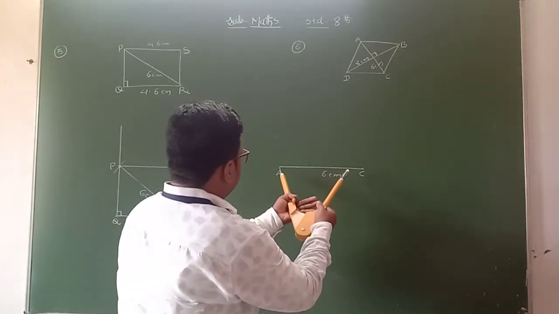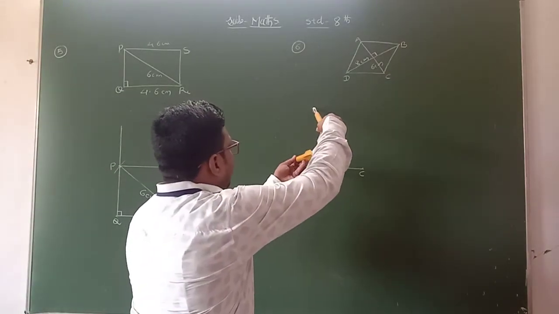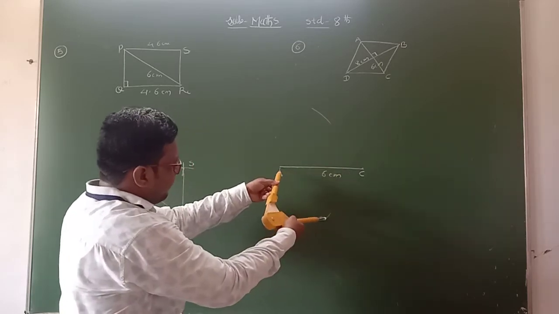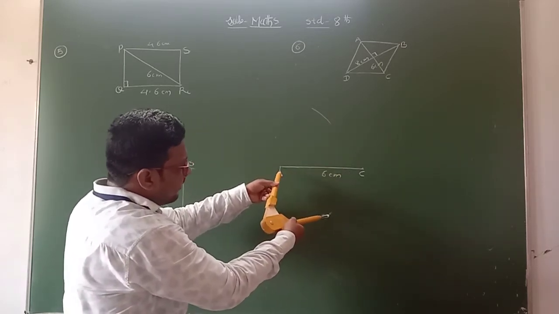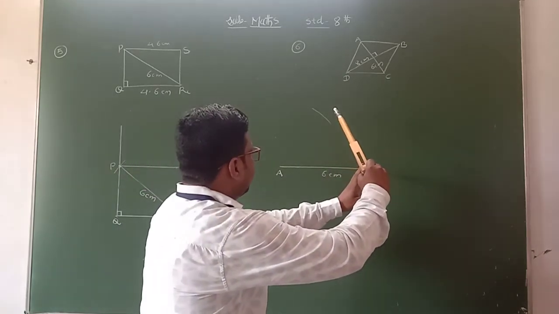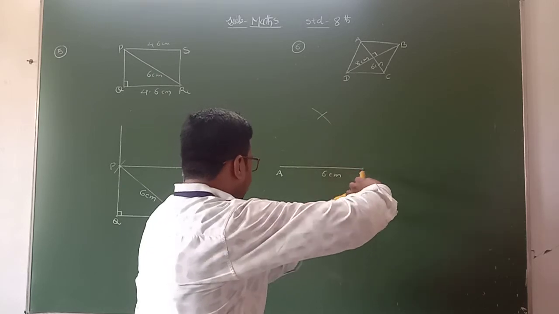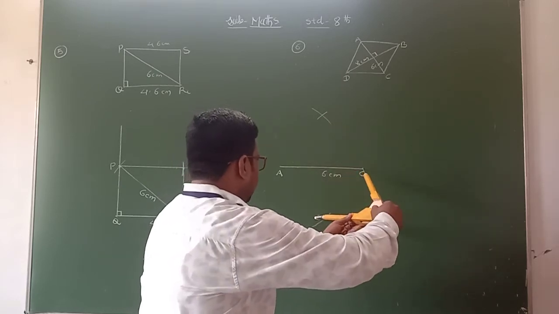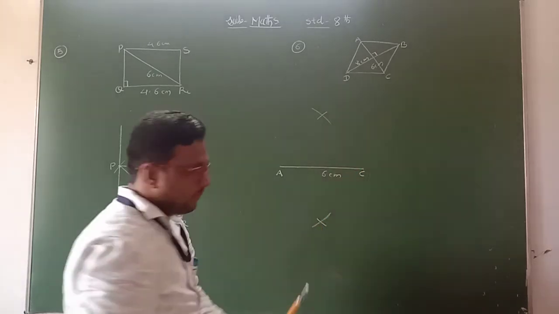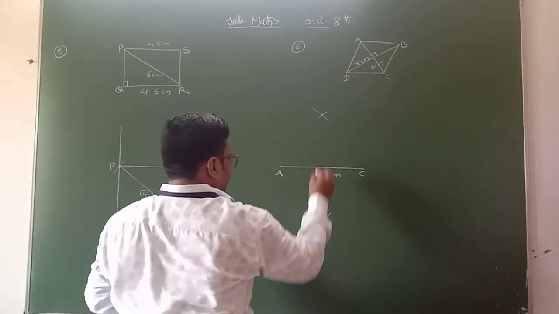Take more than half the distance of AC. Using A point as a center, make one arc above AC and below AC. Using the same distance, using C point as a center, make one arc which cuts the previous arc like that. Then draw a line passing through these 2 points.